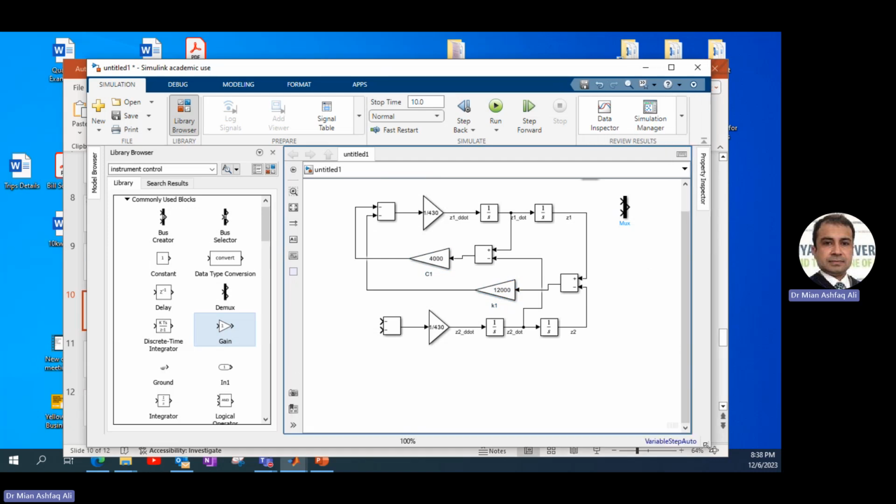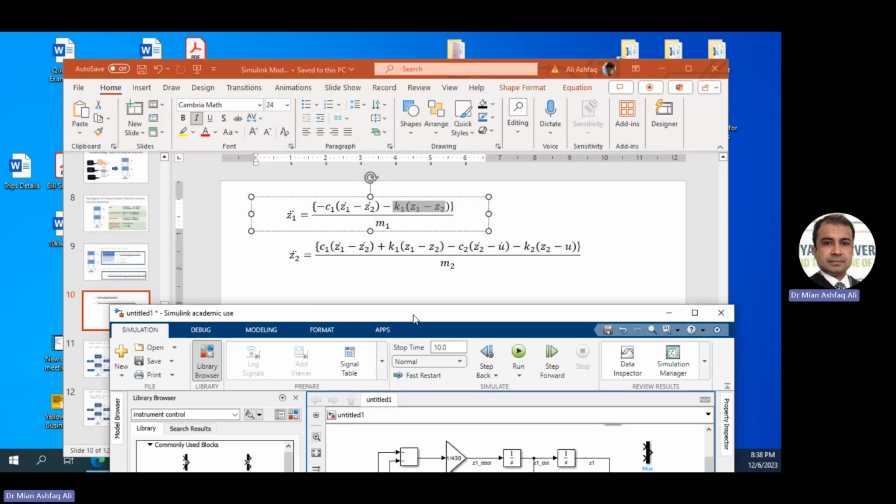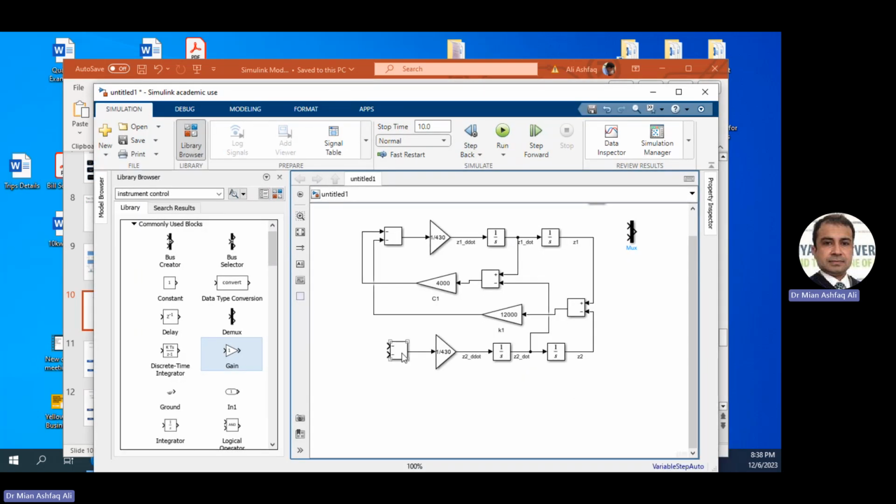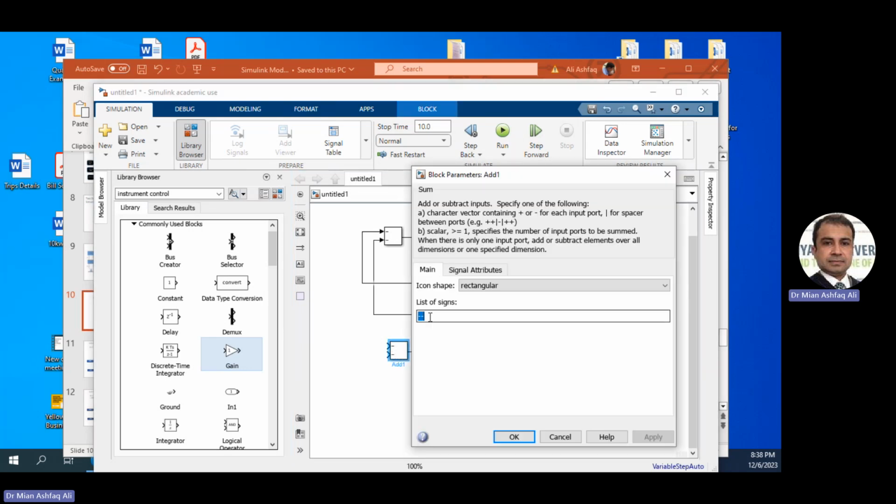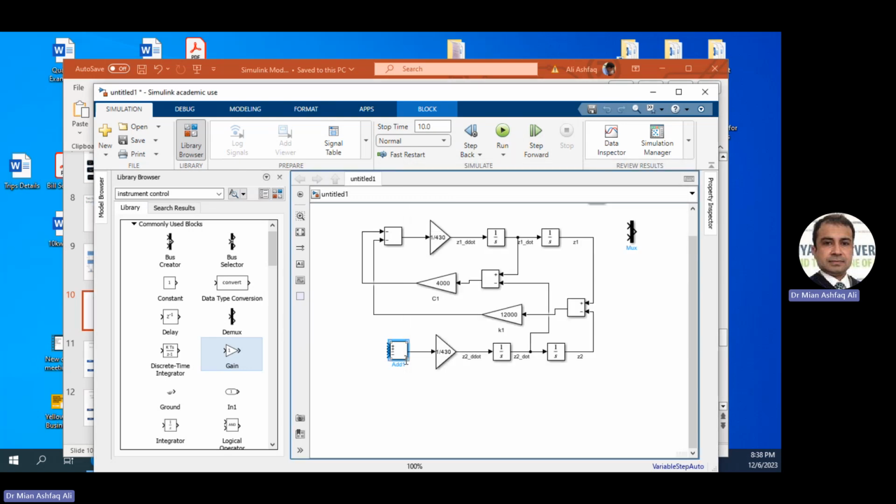Those two forces are negative for this mass, and as we discussed, it should be with the opposite sign for the next one. So for M2, there are four forces. I have to change these two signs to plus, plus, minus, minus, and then enter. Then I can reposition a bit, and those two forces I can simply connect.